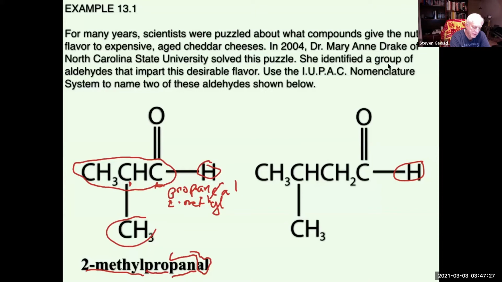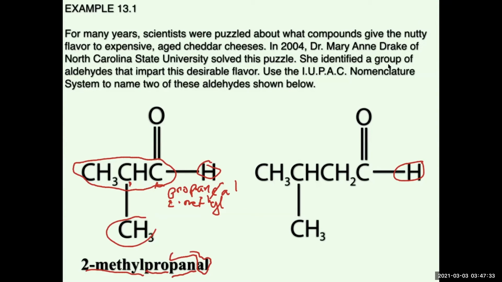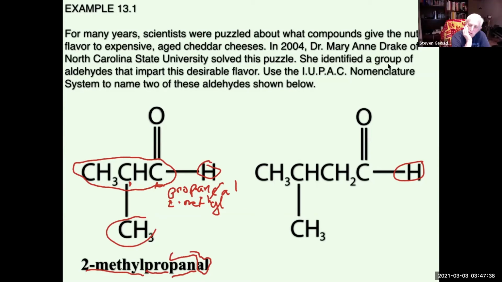Look at the next one. How many carbons in the longest chain there? Anybody want to count them? 4. Perfect. So 4 carbons is butane. It's an aldehyde because there's a carbonyl group with a hydrogen attached. Drop the E, add AL, butanal.